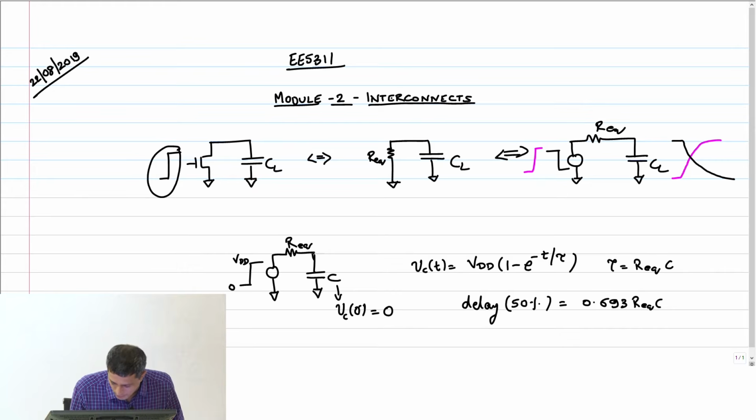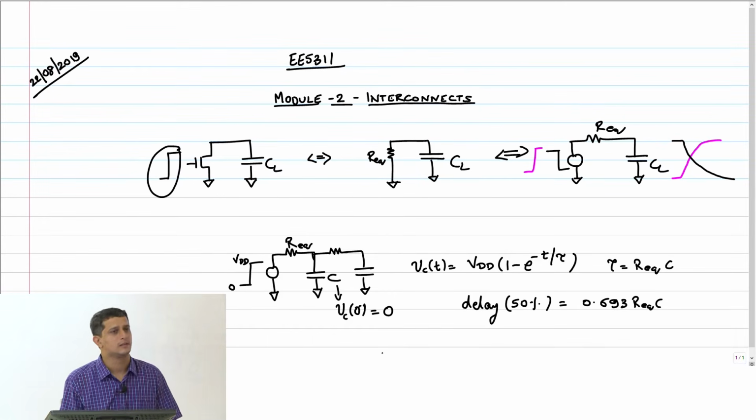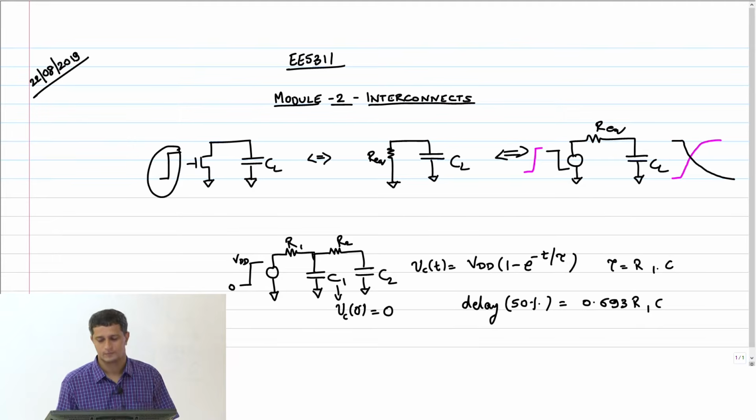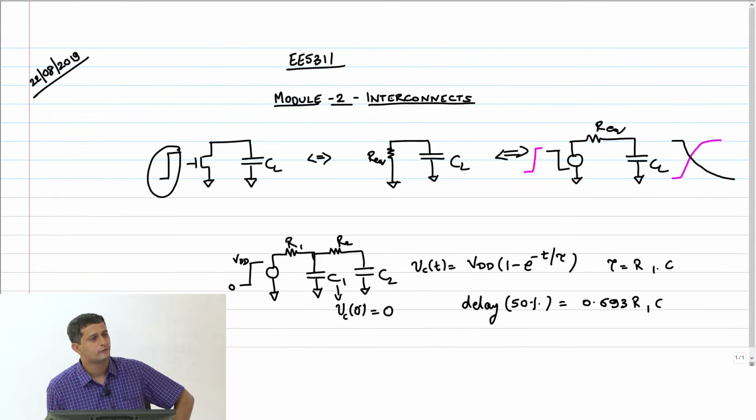What happens if I have another leg like this? So, this is R2 C2, this is R1 C1. What will happen if my capacitor is loaded with another RC thing?